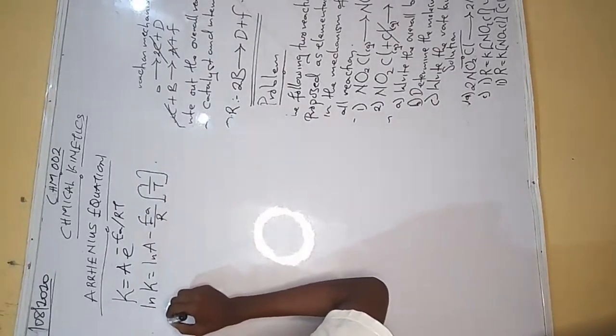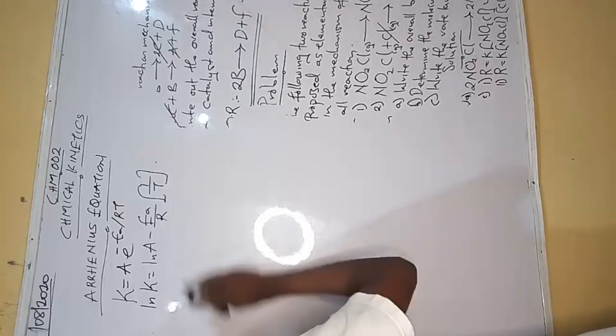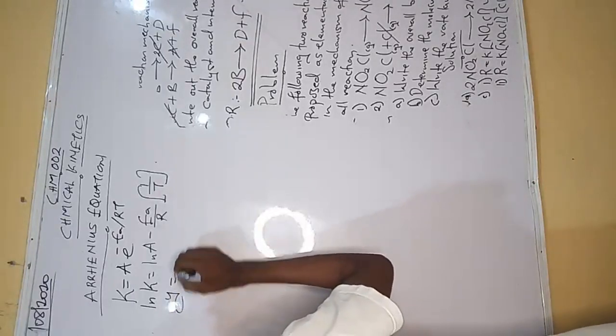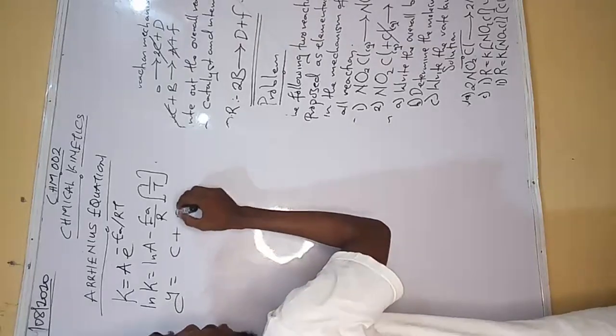Now it means a graph. Relate this to your equation of the line, y equals c plus mx.